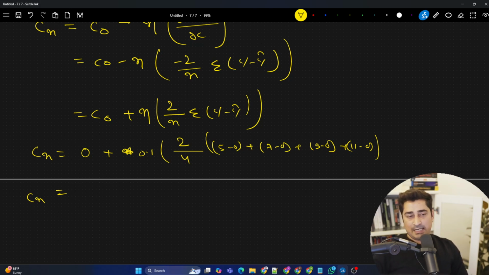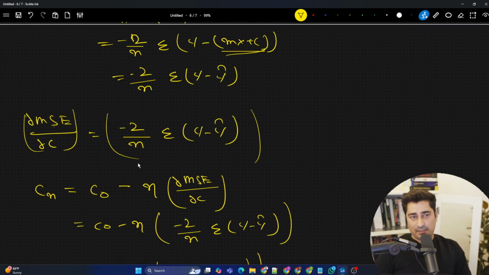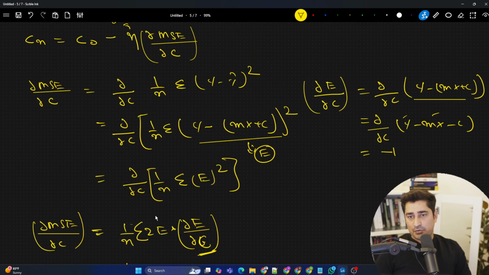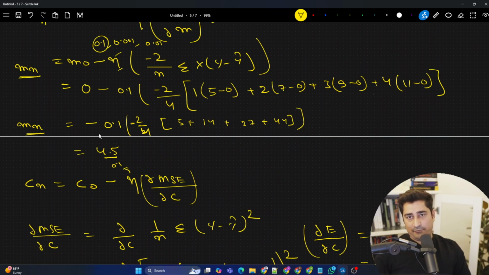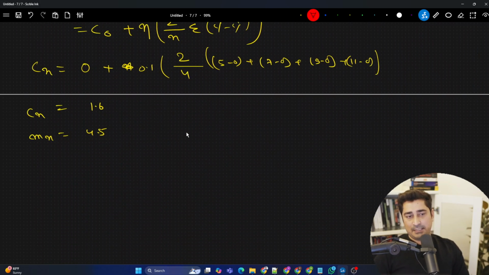Okay. So Sada is saying new value of c is equal to 1.6. Okay, fine. Considered. So new value of m is basically 4.5. I think this was the value that we were able to find out. New value of m was 4.5, right? And the new value of c, I'm able to find out 1.6.